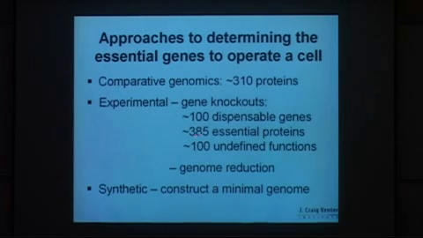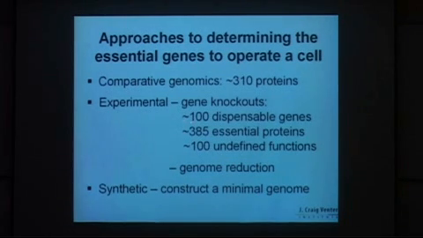And this then would lead to the estimate that there are 385 essential proteins. Of these proteins that appear to be essential, about 100 don't have a clearly defined function. That's, of course, one of the problems plaguing genomics in general, the plethora of undefined genes.